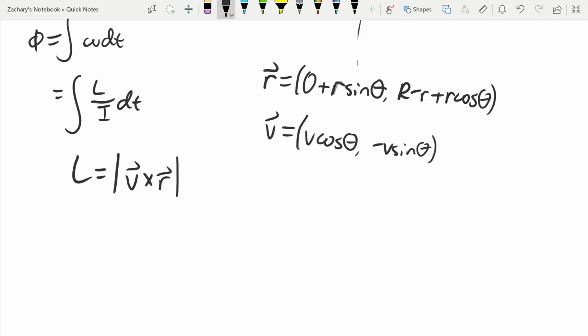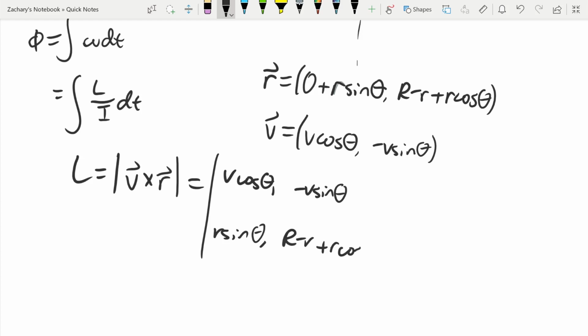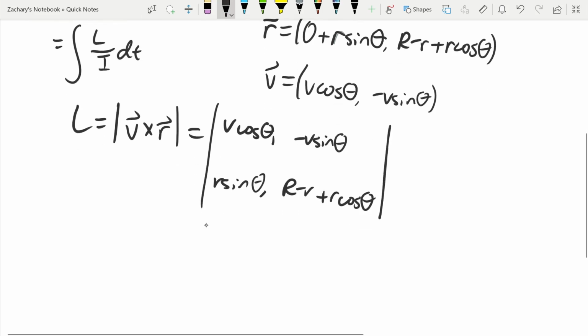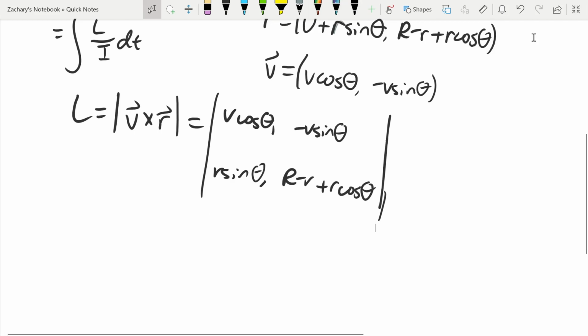To find the cross product, which is something you should probably know, we take the determinant of this matrix: v cosine theta, negative v sine theta, and r sine theta, R minus r plus r cosine theta. The magnitude of the angular momentum is just equal to this determinant, and this isn't too hard to find.